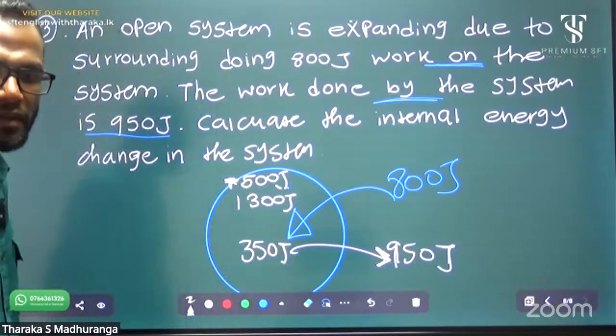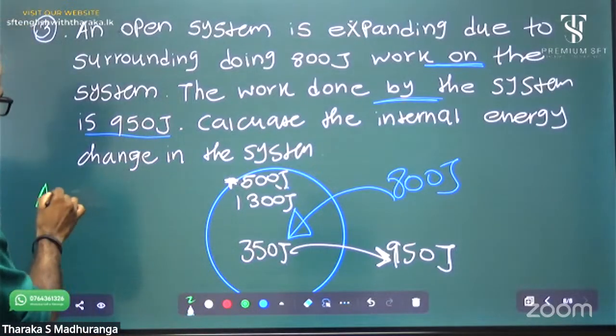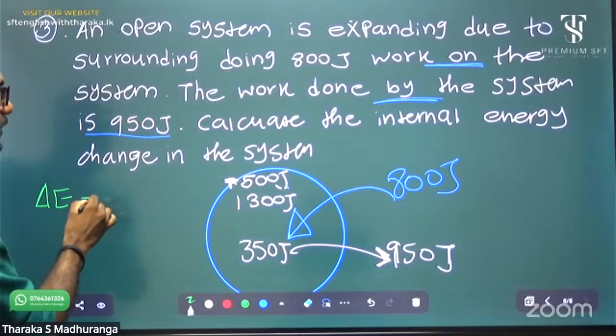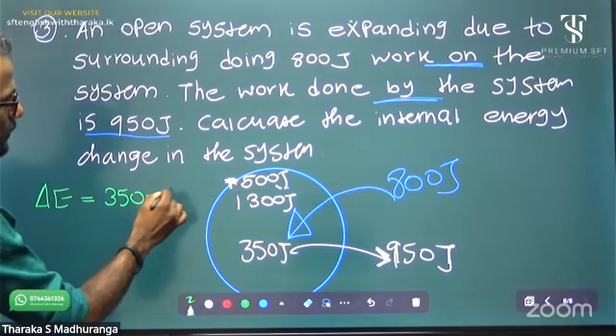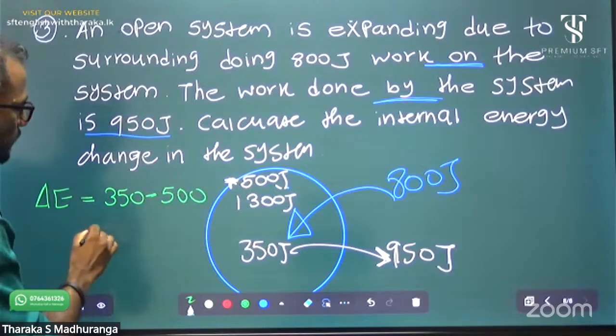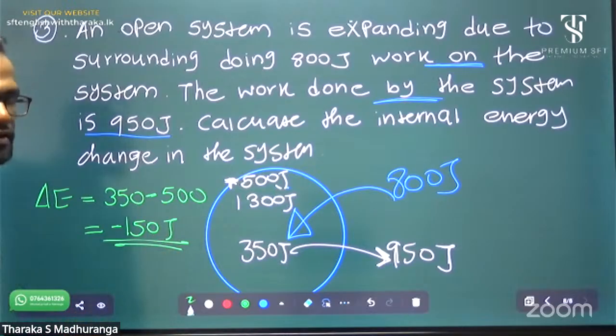Now delta E, what's the equation? Delta E equals final energy minus initial energy. Final energy 350, initial energy 500. Then minus 150 joule is the answer.